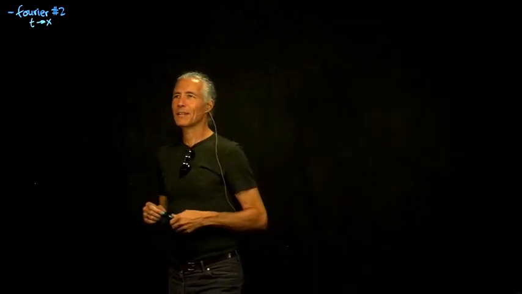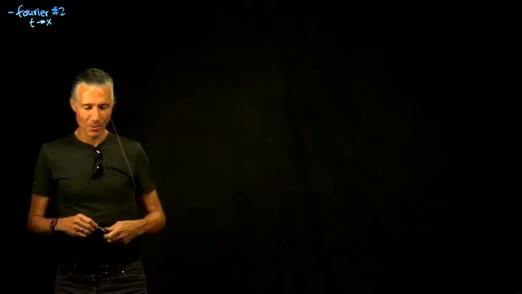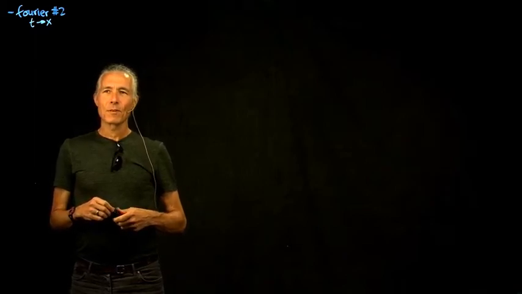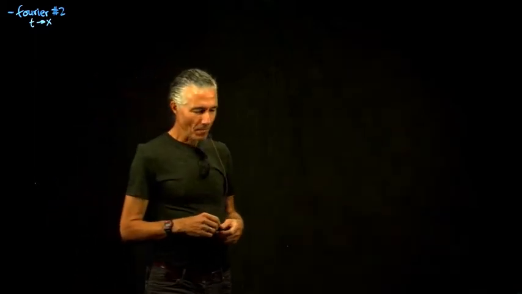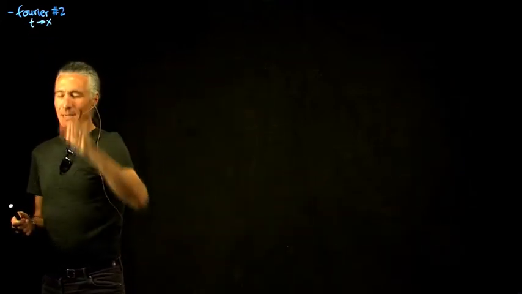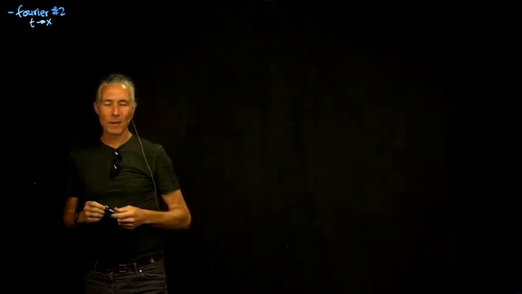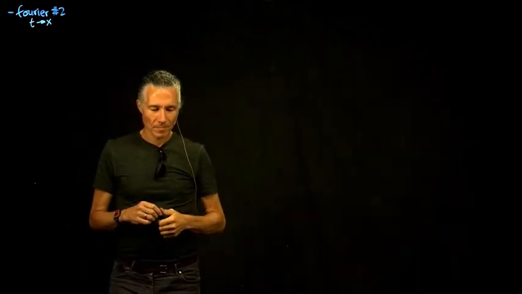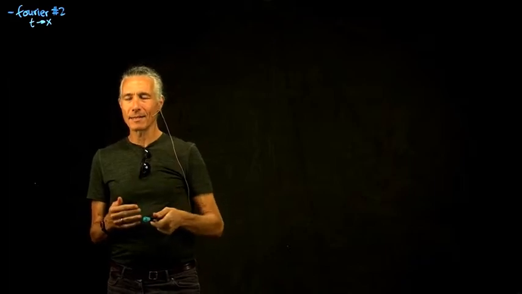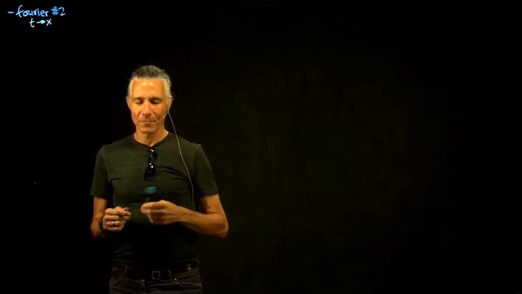Okay, so it's Fourier day number 2. So the plan is to go over the transition from time to space, because when we're talking about images, we're talking about x and y, or x and y and z, as opposed to time.